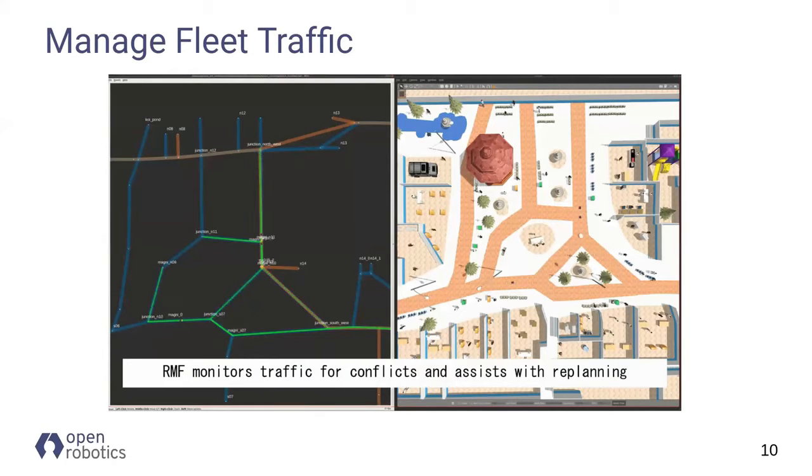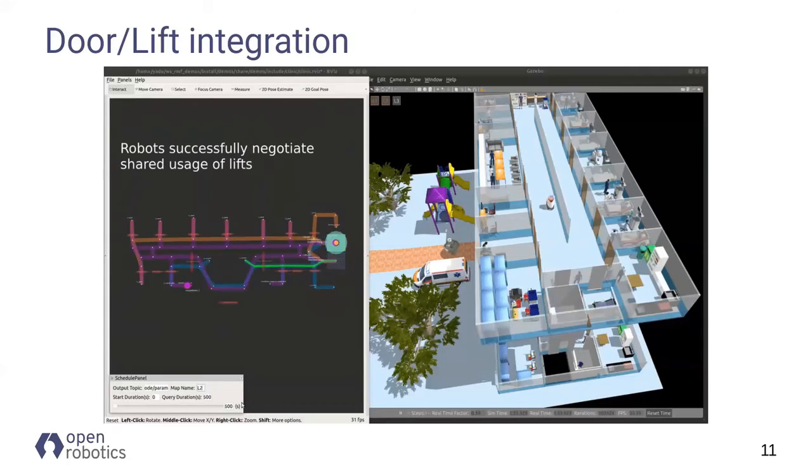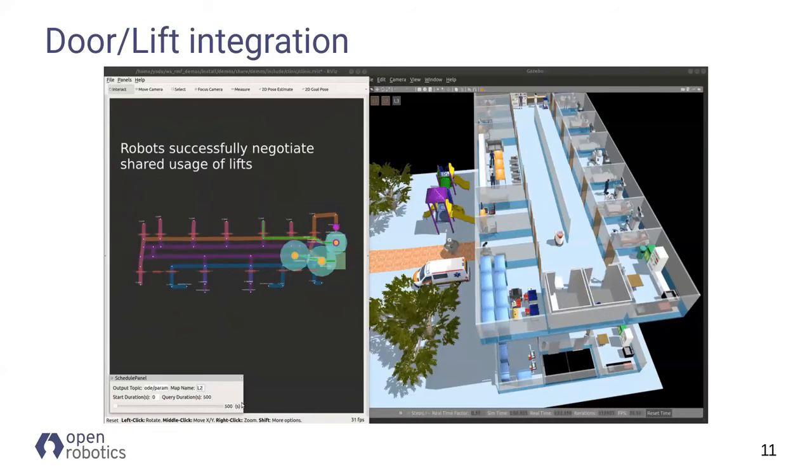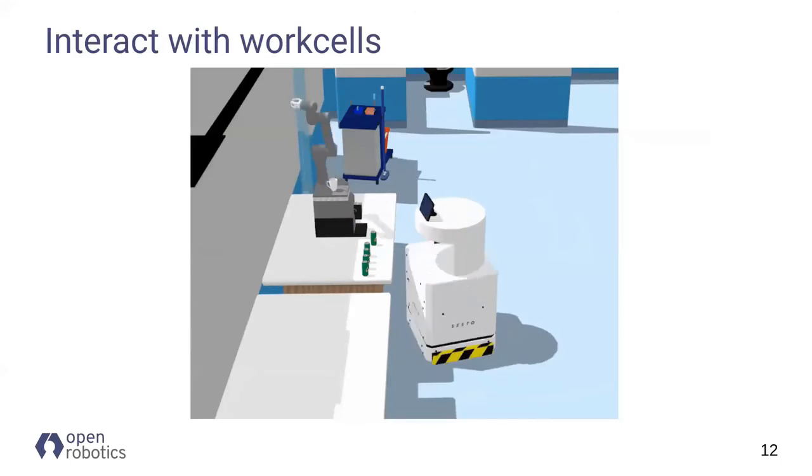Then RMF will also be able to manage the traffic. There will be conflicts due to many reasons, robots moving around, people walking around. So the robots need to adapt, and RMF will have to solve these conflicts in an optimal way. We provide door and lift integration, so robots will be able to share lifts and doors, open doors, use doors, and all that within the infrastructure.